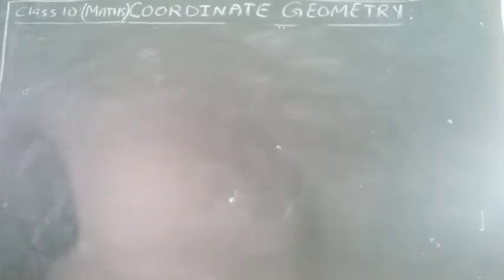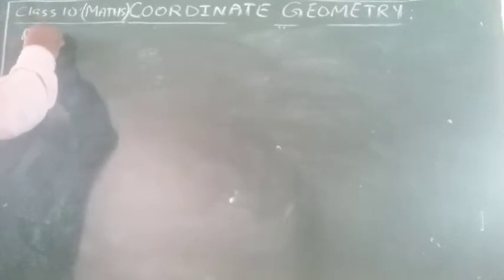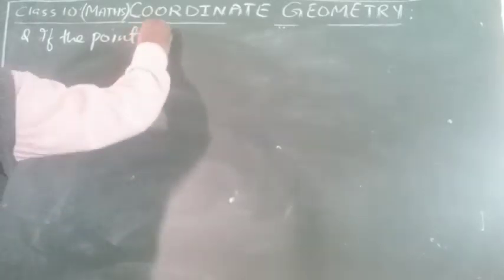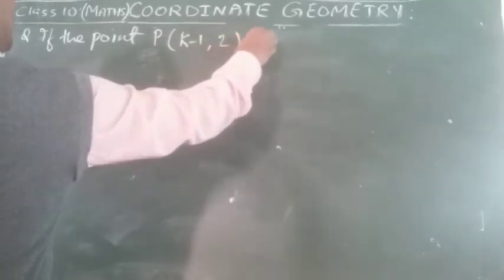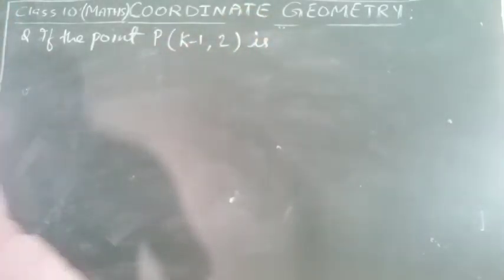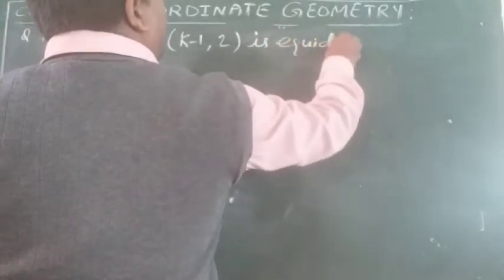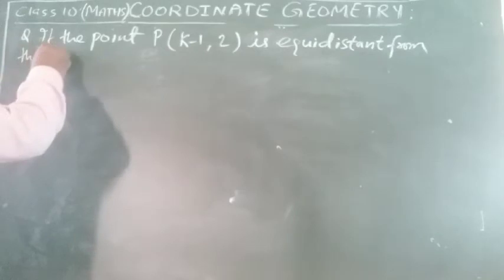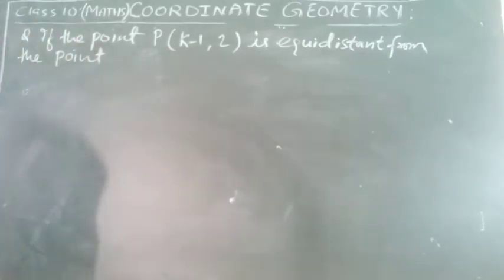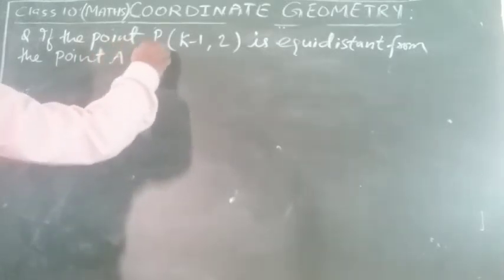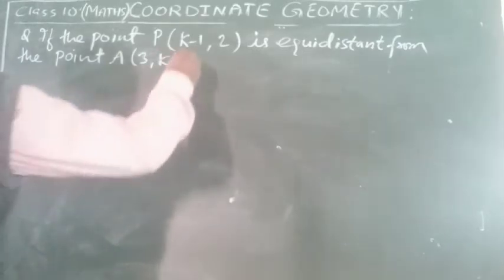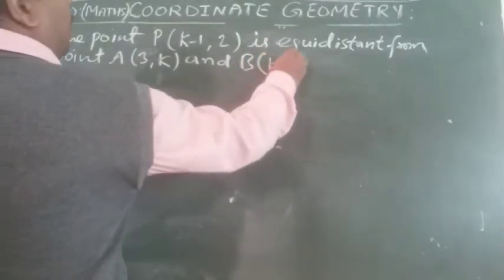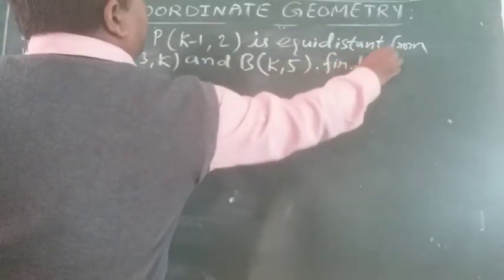Find if the point P, coordinate (k minus 1, 2), is equidistant from the points A and B. A coordinate (3, k) and B coordinate (k, 5). Find k. We have to calculate for k.